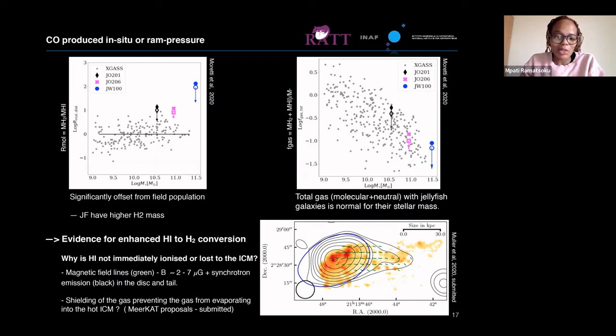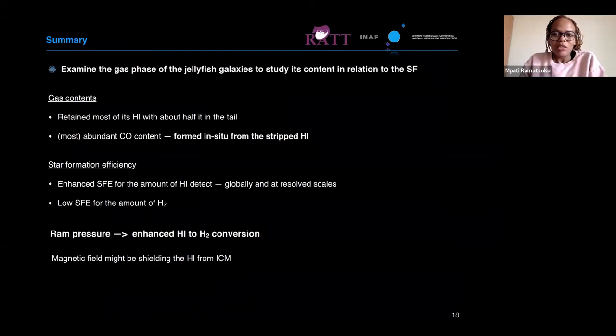Of course, this is only based on one galaxy, and we are going to be submitting again a proposal to get more polarization data from MeerKAT. So, running out of time. Okay, so just a quick summary.